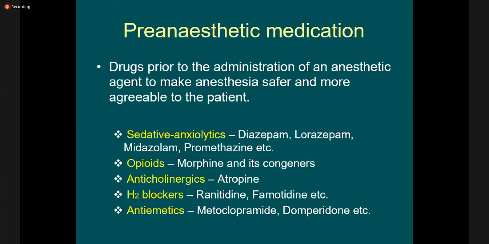And nausea and vomiting is also a very important phenomenon that happens after surgery, or can also happen during surgery, so we also give antiemetics, which are used along with this.